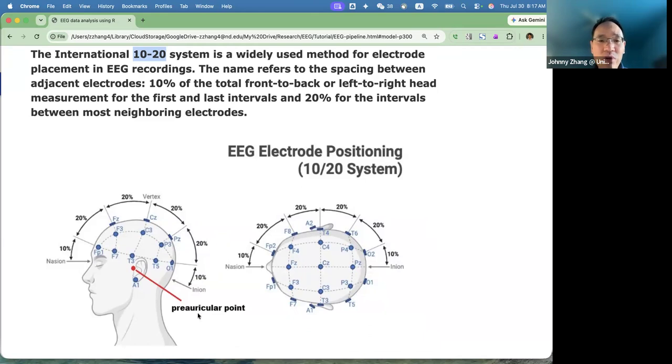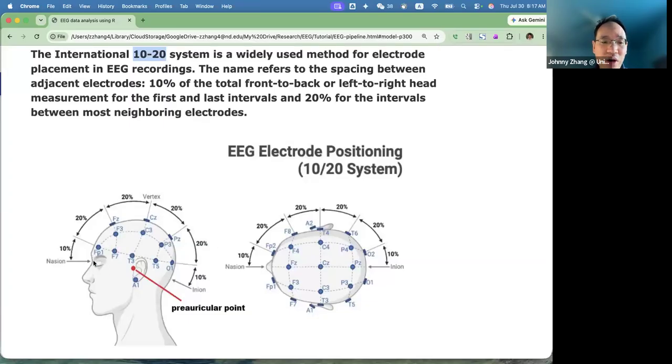For example, we first find several important landmarks on the head. This could be one landmark, and this could be another landmark. The nasion is basically somewhere between your nose and your forehead, and the inion is here.